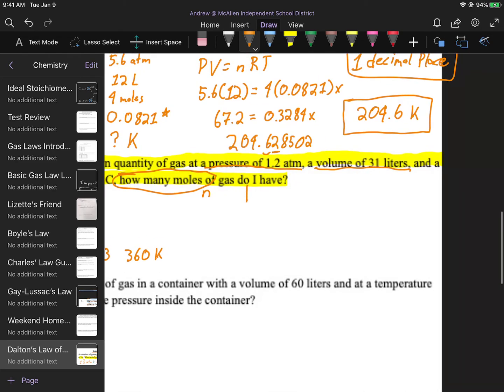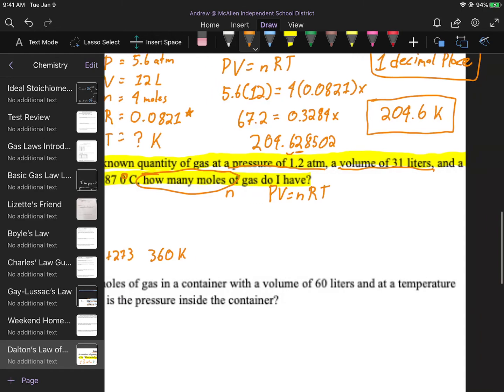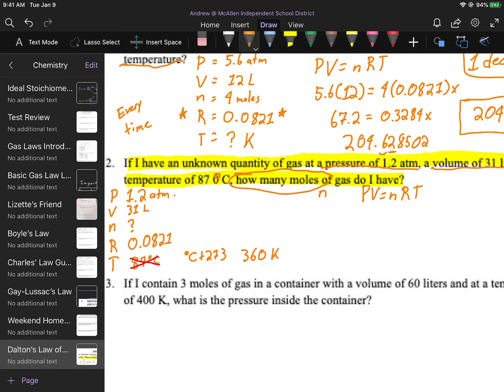So PV equals nRT. P comes from right here, is 1.2 times V, which is right here, 31, equals N, which is unknown, times ideal gas constant, R, 0.0821, times T, temperature, which is right there. Don't be a goof and use Celsius.